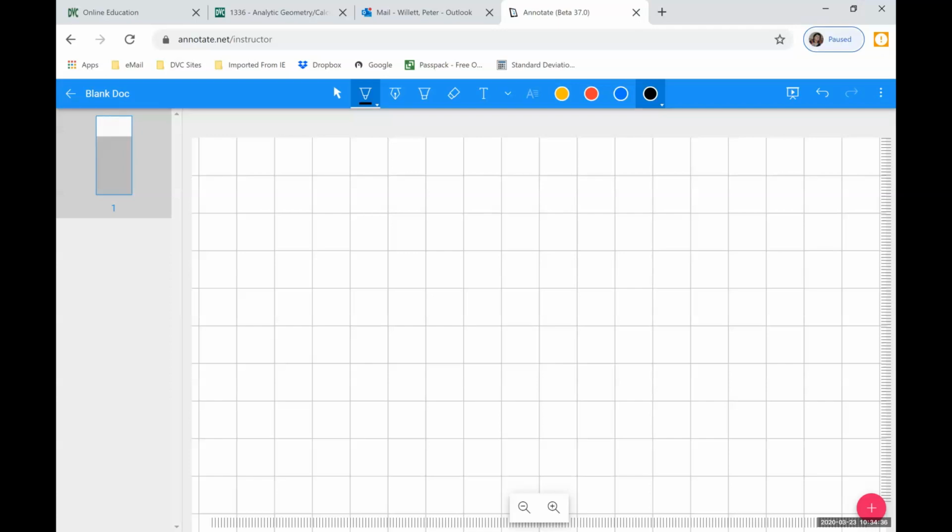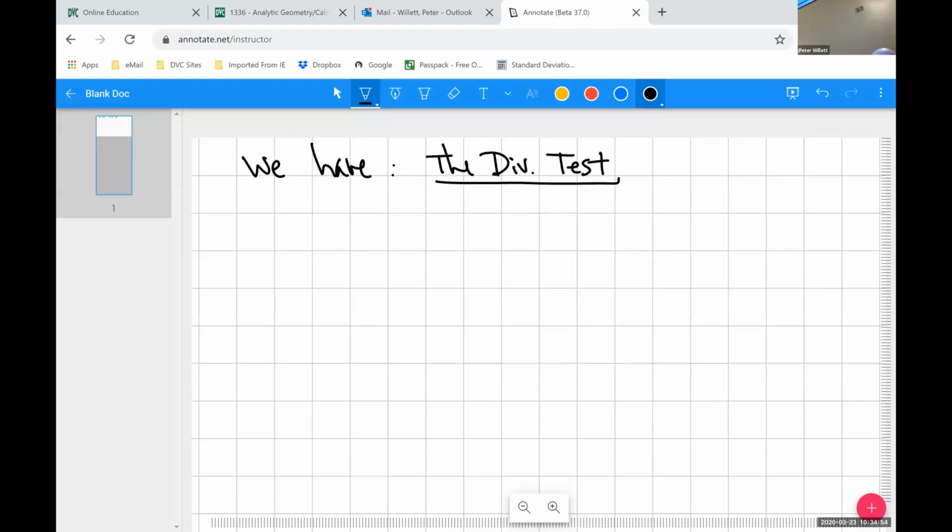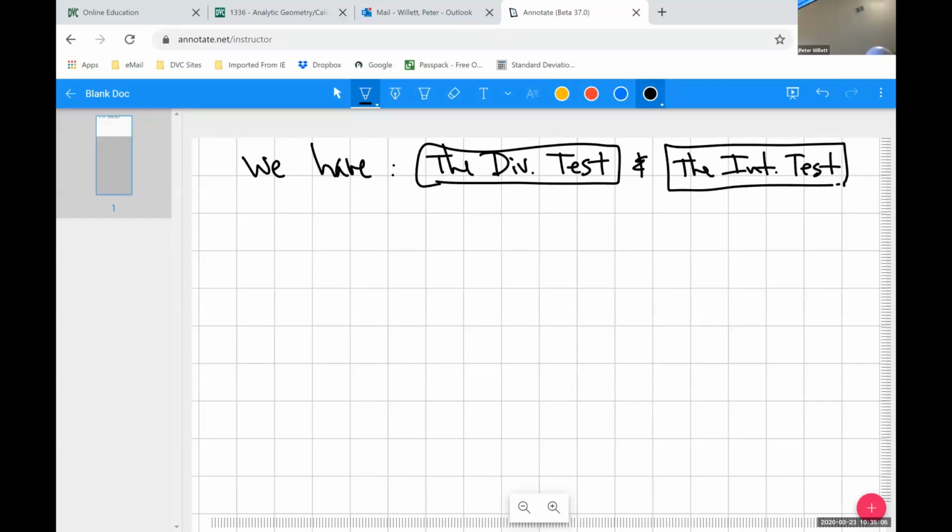Thank you. Okay, so now this means that we have 2 tests. We have the divergence test and we have the integral test. So I'm just sort of keeping note as we accumulate tests.